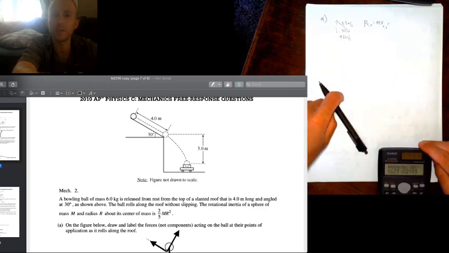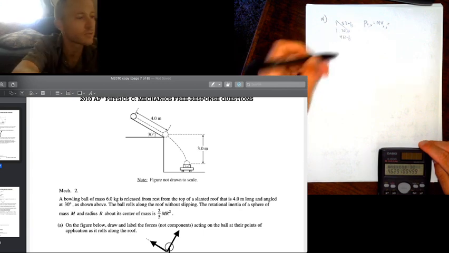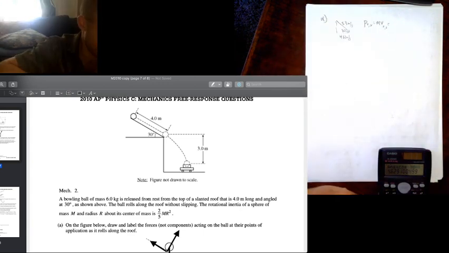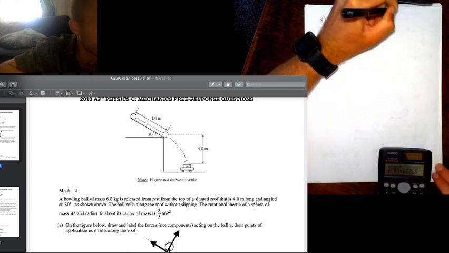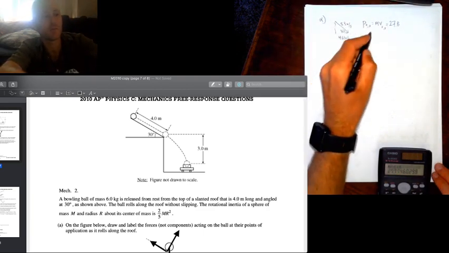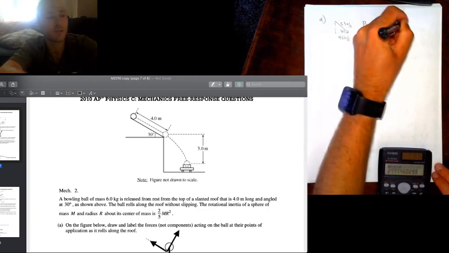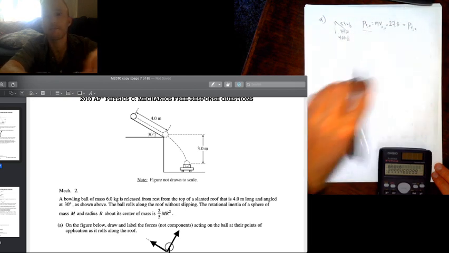So that would be 6 times that, because the mass of the bowling ball is 6, which is 27.7. Actually, more like 27.8. Now, the initial x momentum has to equal the final x momentum.